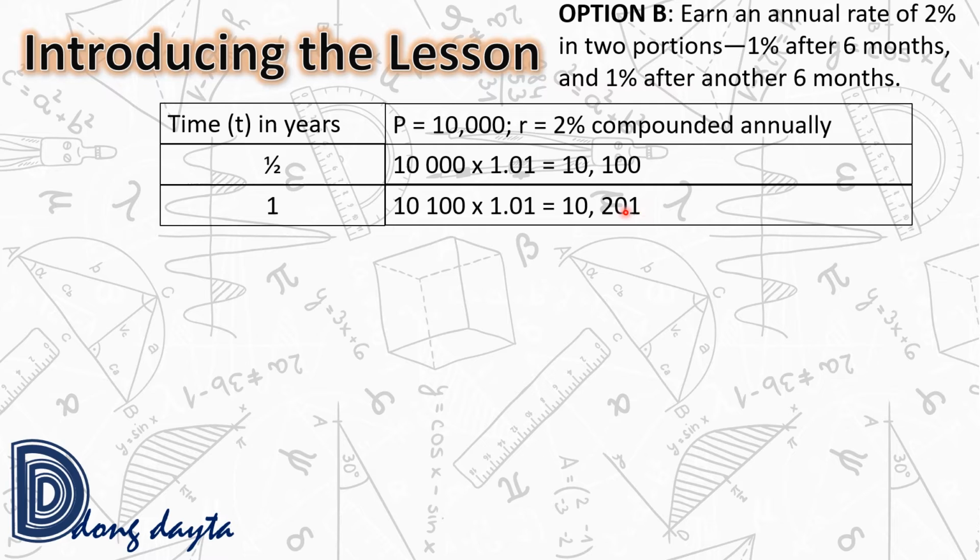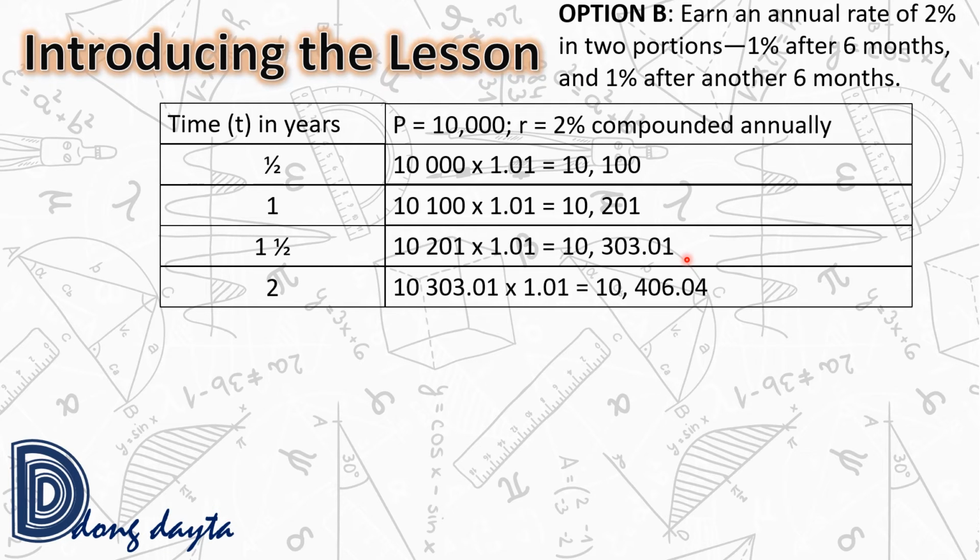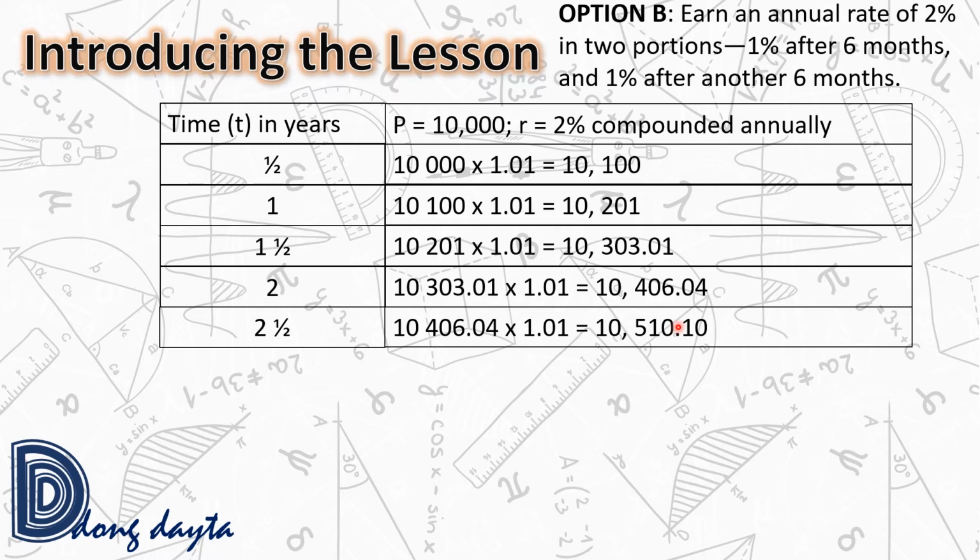This compounding of the interest continues every 6 months until the 5th year. So 1.5 years, it will be 10,303 pesos and 1 centavo. At the end of the second year, it will be 10,406 pesos and 4 centavos. 2.5 years, 10,510 pesos and 10 centavos.